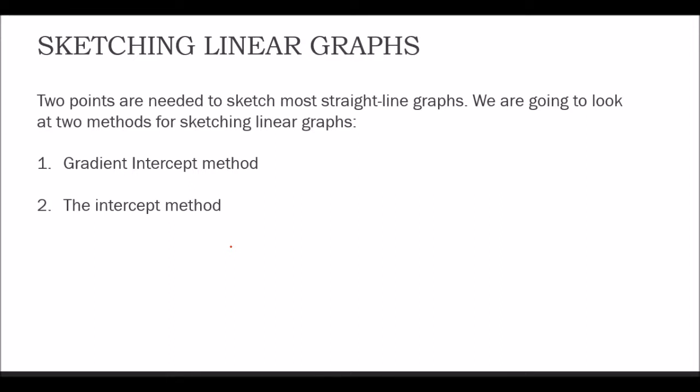All right, so let's get into sketching our linear graphs. We're going to look at two methods as to how we sketch our linear graph: the gradient intercept method and the intercept method. I should probably call this the X and Y intercept method, because you're actually using the X and the Y intercept.